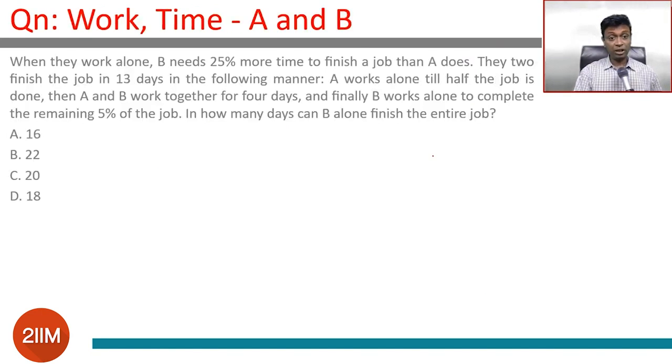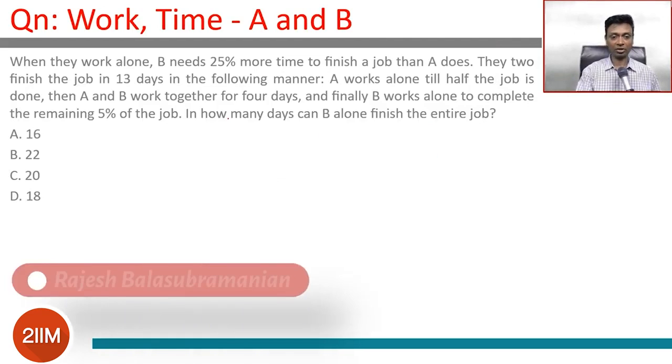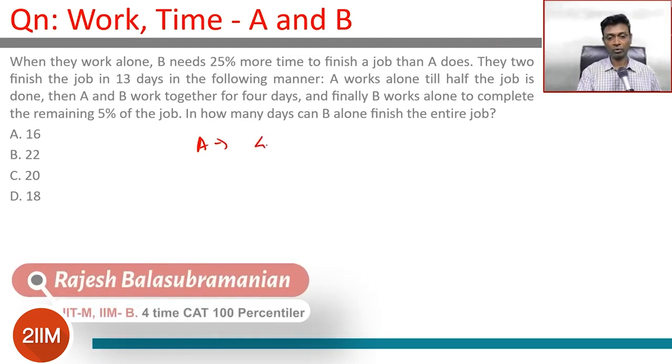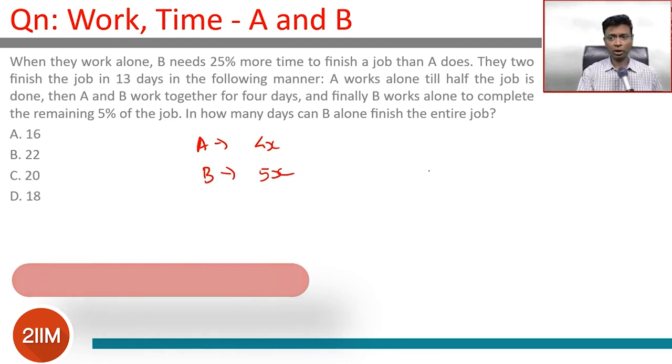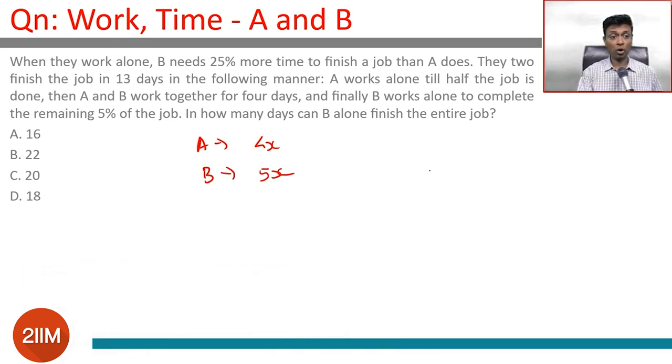When they work alone, B needs 25% more time to finish a job than A does. So if A takes 4x days, B will take 5x days to finish the job. They two finish the job in 13 days in the following manner. A works alone till half the job is done.